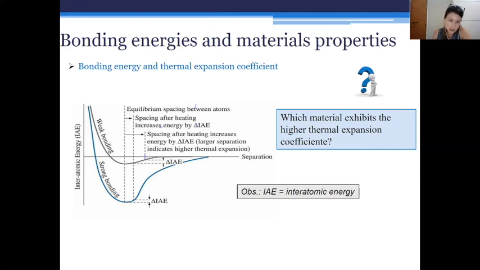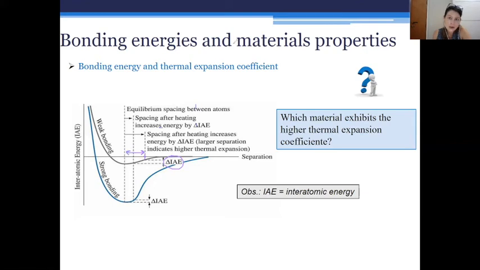In the case of this material, represented in gray, when I give this energy to the material, it results in an increase of interatomic distance corresponding to this distance.